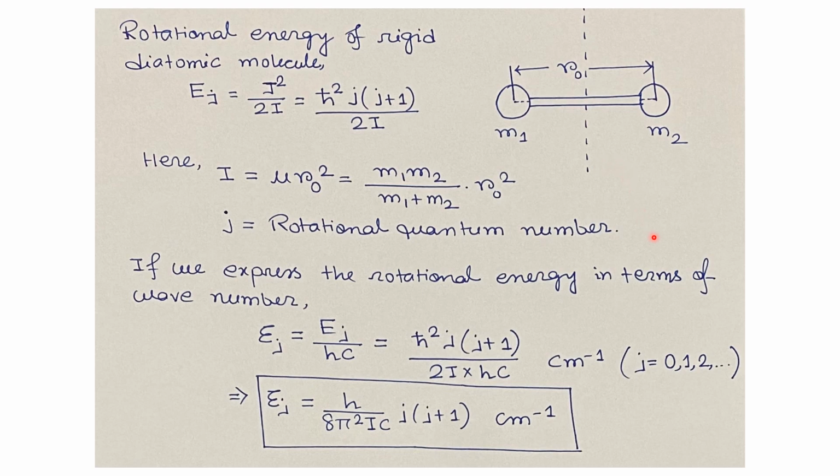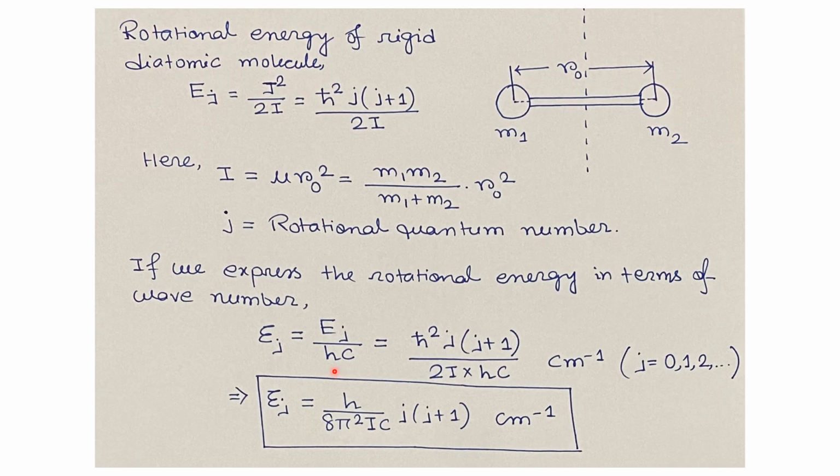Now, in the case of Raman spectroscopy, we usually represent the Raman spectrum or Raman shift in terms of wave number. So we will convert this energy of this rigid diatomic molecule in terms of wave number. In terms of wave number, the energy of the system, small Ej, equals capital Ej by hc.